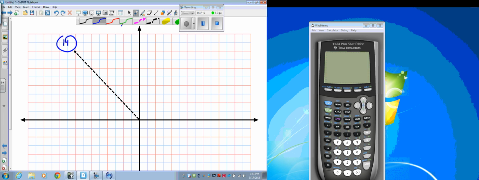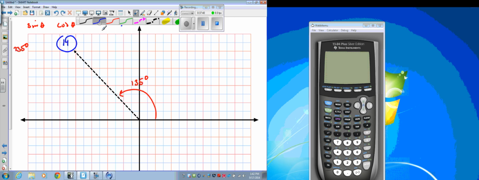If I'm figuring out sine and cosine of 135 degrees, what do I have to do first?